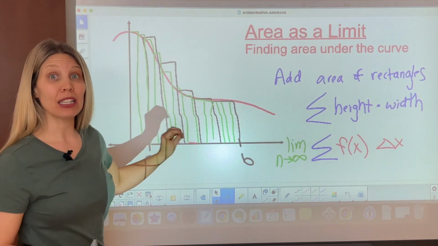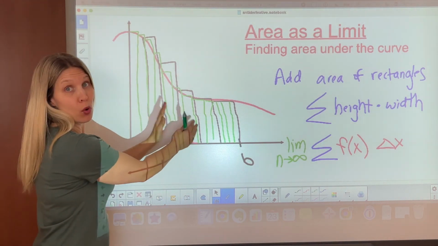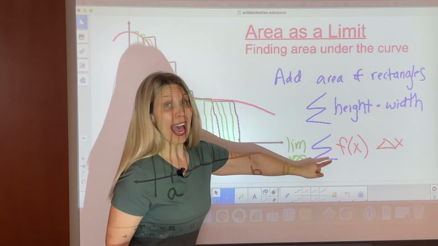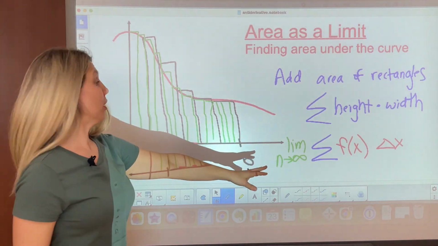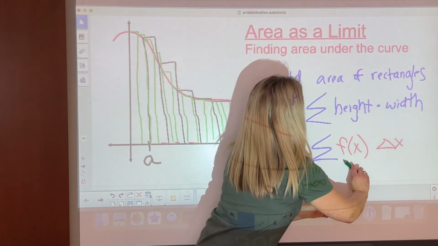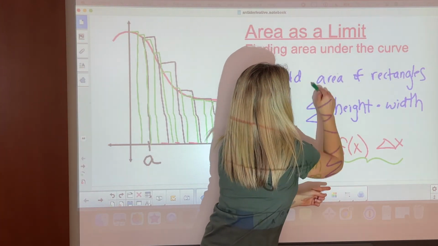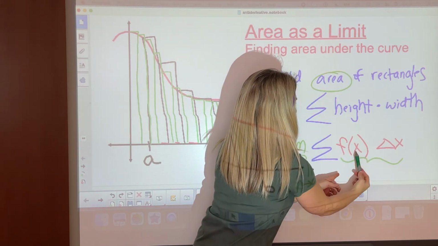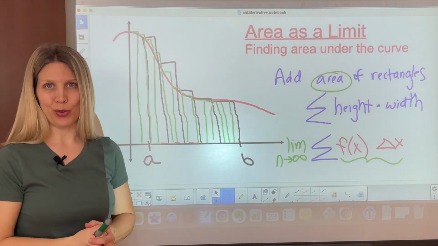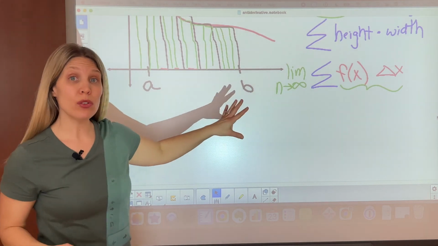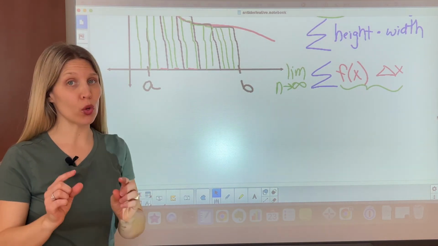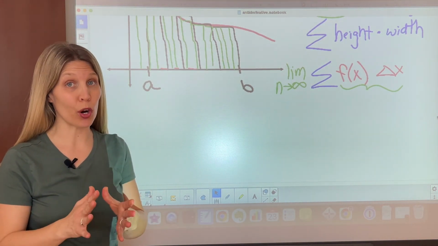We're taking the limit as we have more and more rectangles, we're adding them up, that's that summation, adding up the area, remember this was the area, your height times your width of those rectangles. So now you see where that equation came from. I'm going to show you a couple other notation things that we're going to work on today.